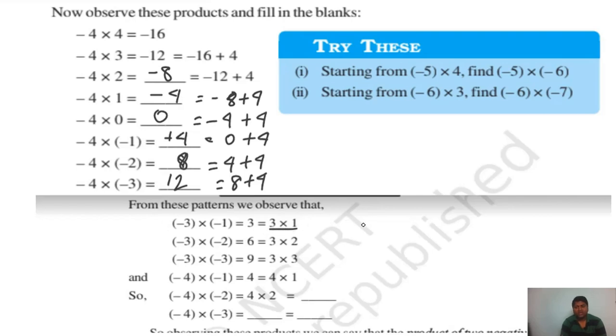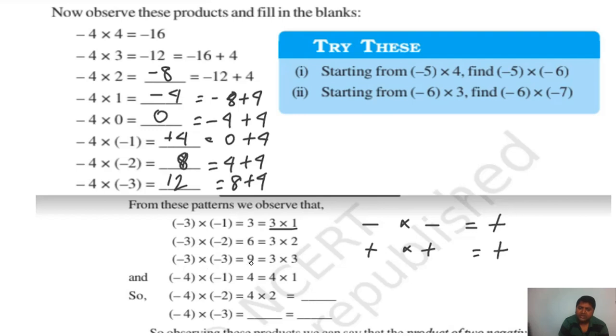So when we multiply minus into minus, we get plus, just as plus into plus gives plus. The sign becomes obsolete: minus times minus gives plus. Minus 3 into minus 2 means 6, that is 3 into 2.